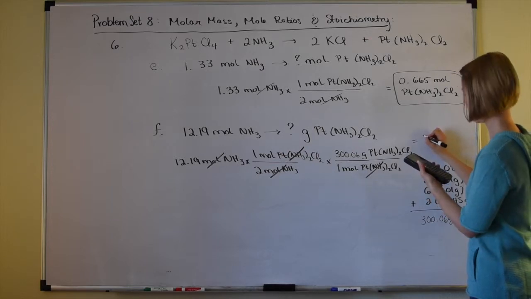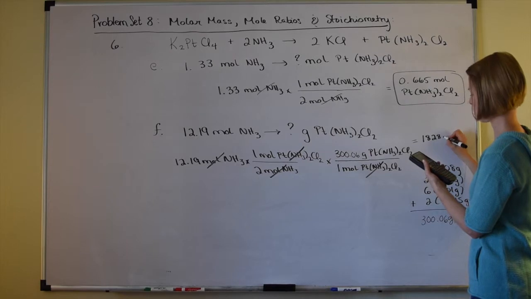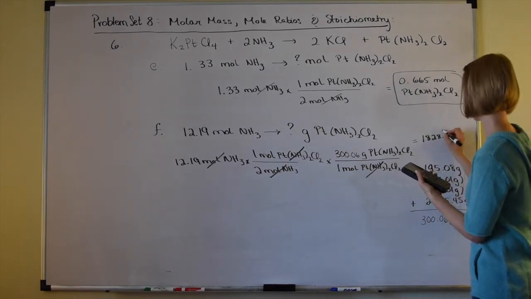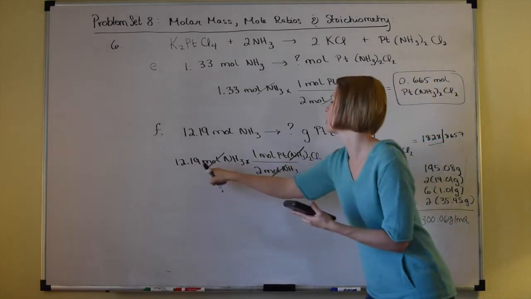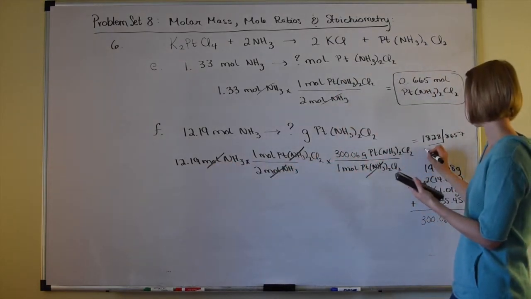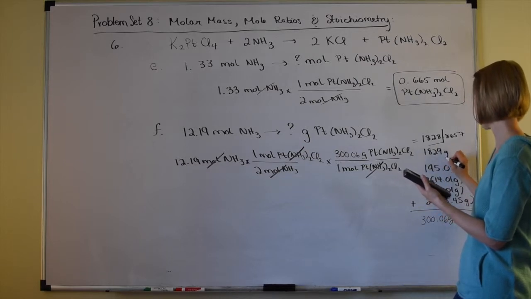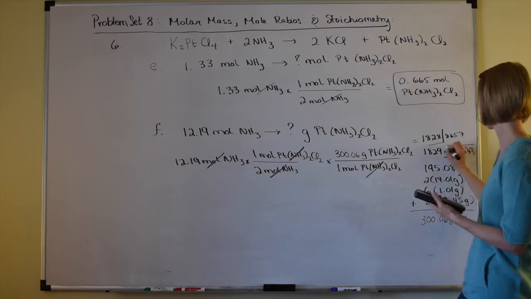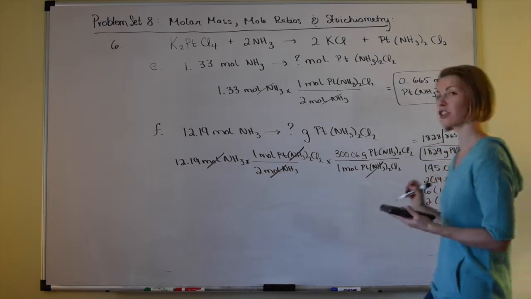Okay, we get, I'm going to write the whole number first, 1,828.8657. I'm going to go ahead and cut that off for the 4 digits here. Make it 1,829 grams of cisplatin. And I'll circle my final answer there.